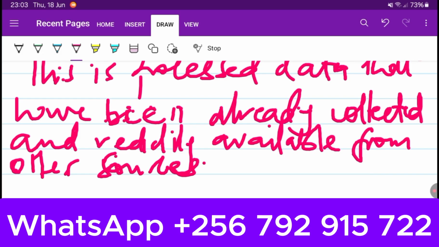So we have talked about examples of where we can get this information. It could be maybe published research articles, it could be NGO reports, it could be school records, hospital statistics, maybe census data, maybe from the UBOS.